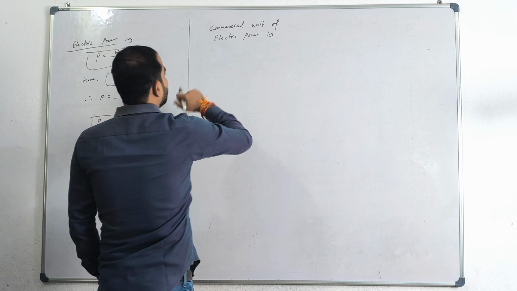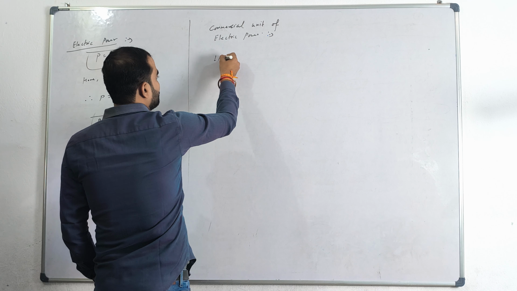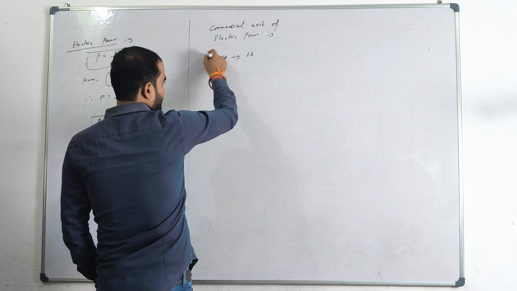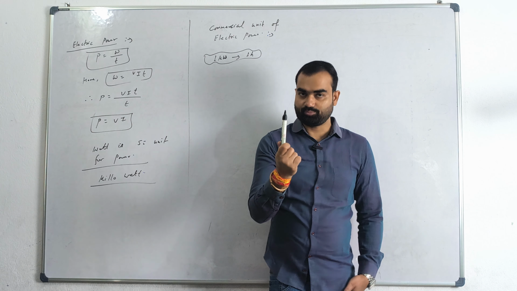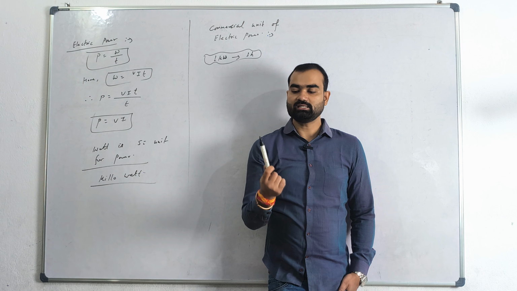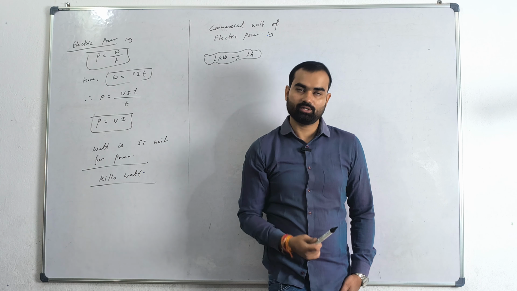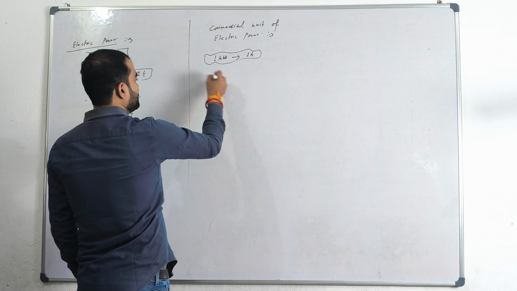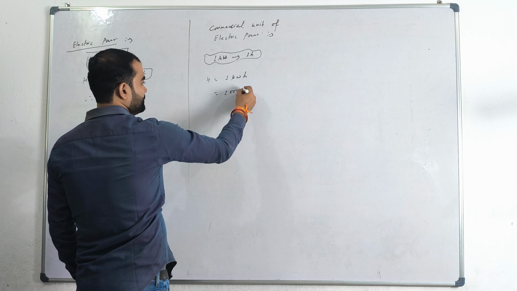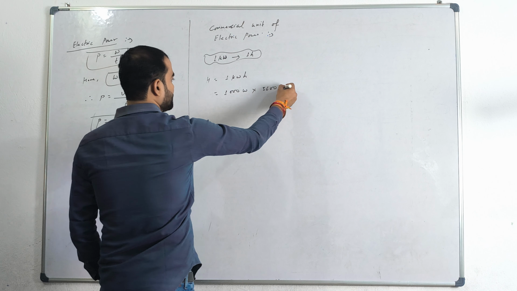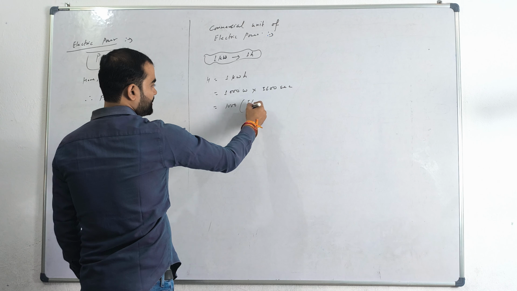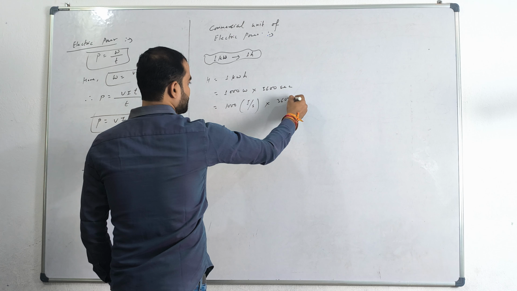When an appliance works or uses 1 kilowatt power for 1 hour, meaning an appliance whose power for dissipation of electrical energy is 1 kilowatt is used for 1 hour, then what happens? Then the amount of heat energy is 1 kilowatt hour, which means 1000 watt into 3600 second. 1000 watt means 1000 joule per second into 3600 second.